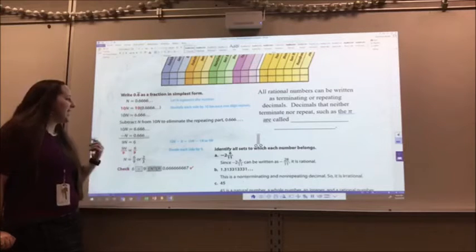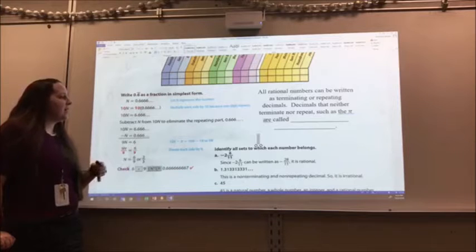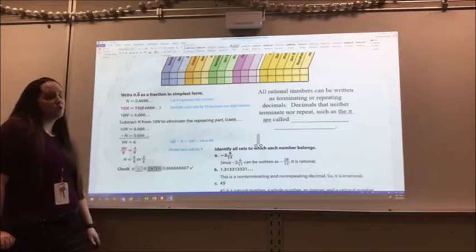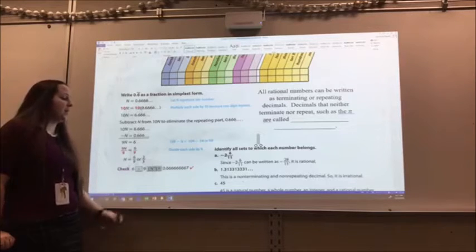Then I can subtract n from both sides. So subtract n from 10n to eliminate the repeating part of 0.6, because we said that n equals 0.6 repeating. So when I do that, I get 9n equals 6, and I divide both sides by 9, so n equals 6/9 or 2/3. You can always double check, do 6 divided by 9 in your calculator, you will get 0.6 repeated.